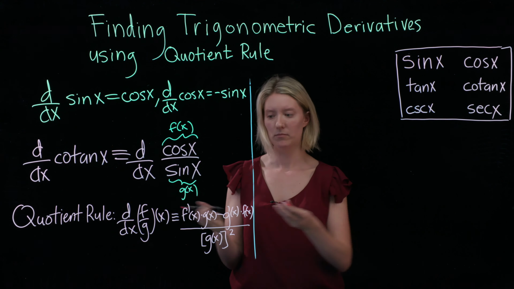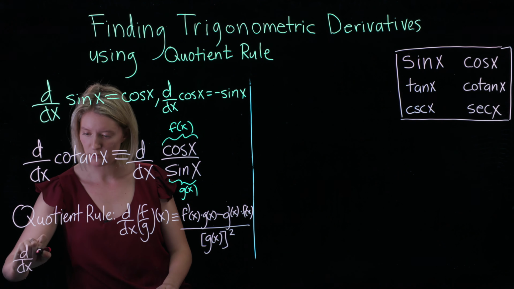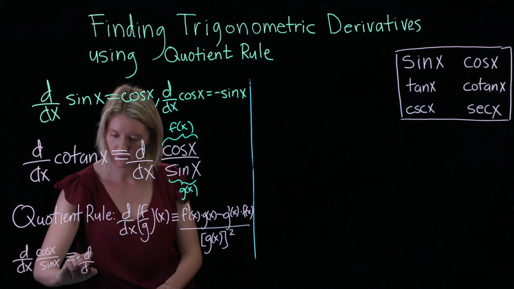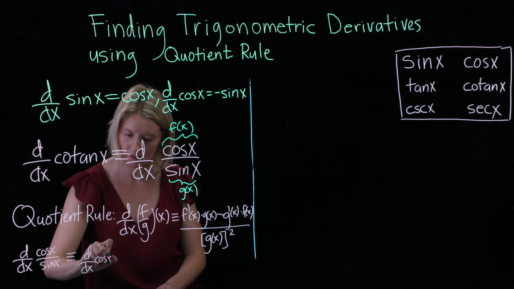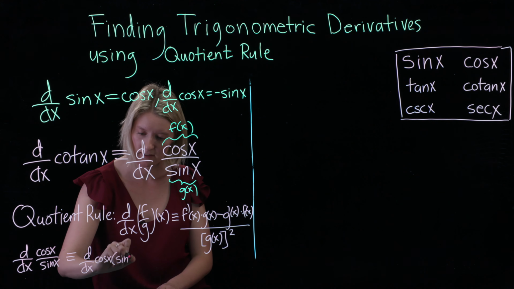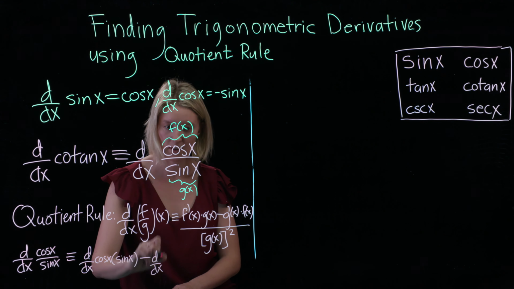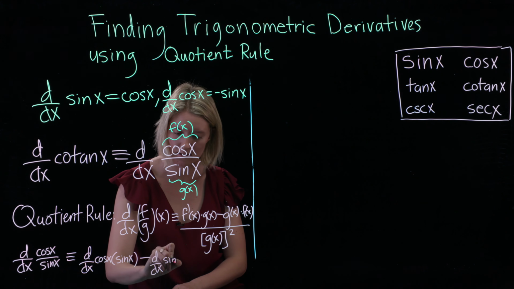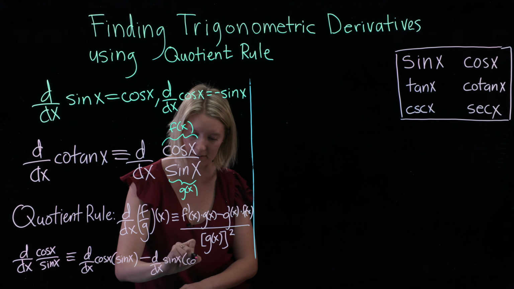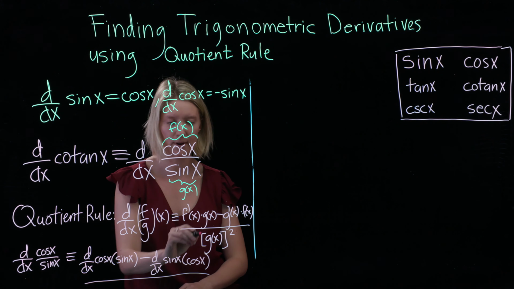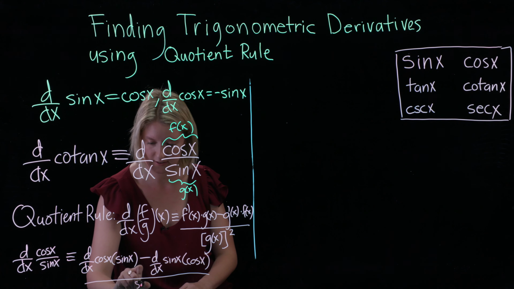So in this case, I'll have the derivative of cosine of x over sine of x equal to the derivative of cosine of x times sine of x minus the derivative of sine of x and then times cosine of x. And this entire quantity divided by g of x squared, which is sine of x squared.